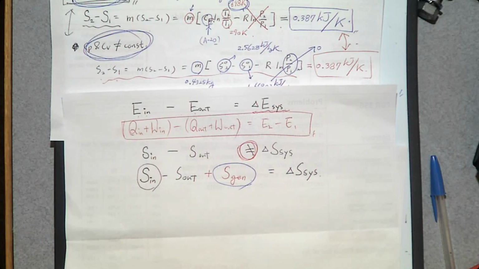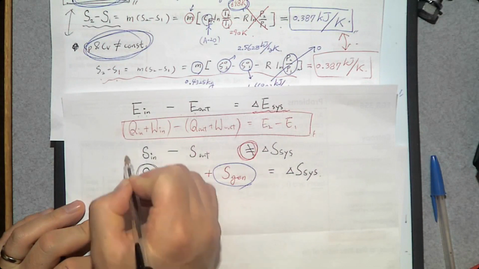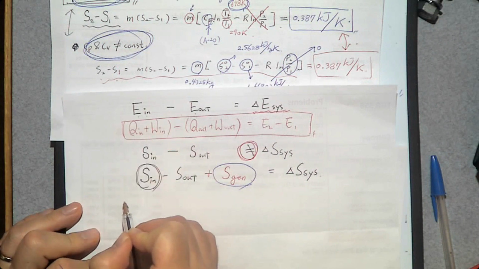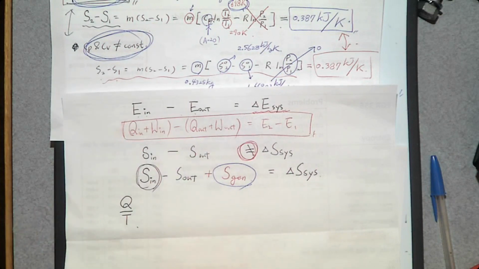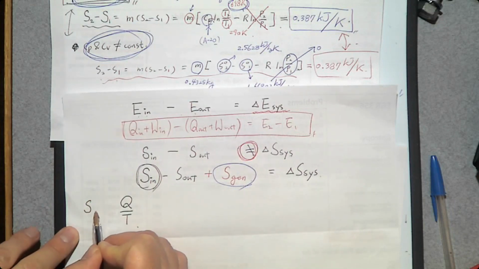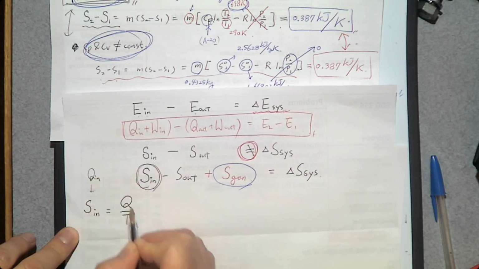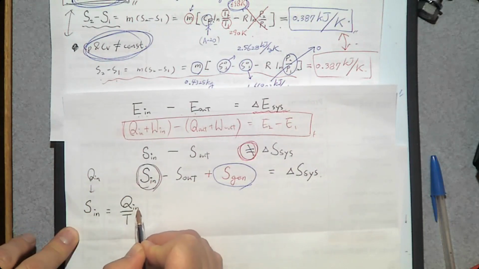And the rule is simple. Entropy transfer by heat can be determined by Q over temperature. So entropy transfer, let's say S in by Q in is going to be Q in over temperature.